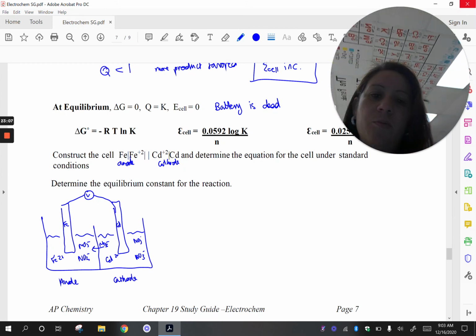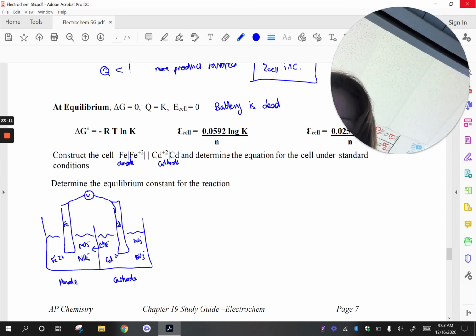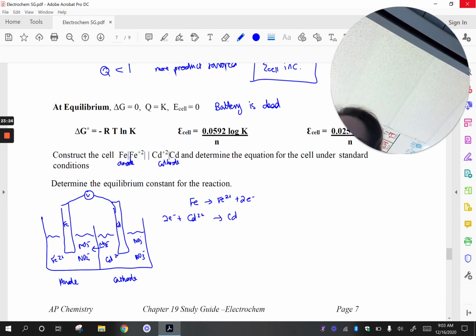We also want to determine the equation for the cell, and so we have Fe yields Fe2+ plus 2 electrons. We also have Cd2+ going to Cd, so we'd need 2 electrons here. Let's look at the cell potentials. This is oxidation, this is reduction. The reduction, we're going to write as is on the table. The cadmium one is negative 0.40 volts.